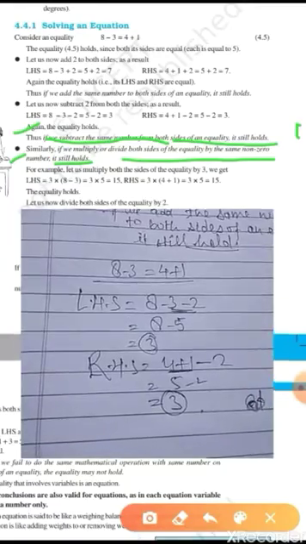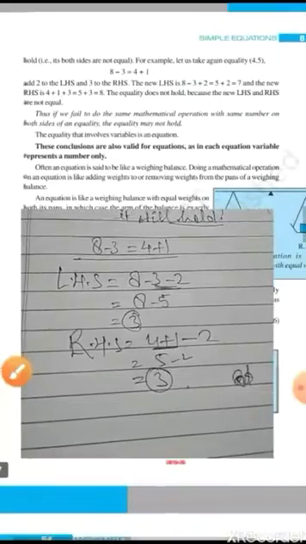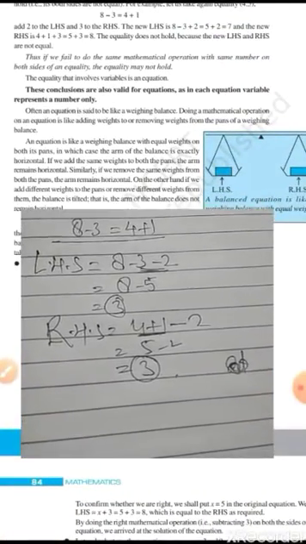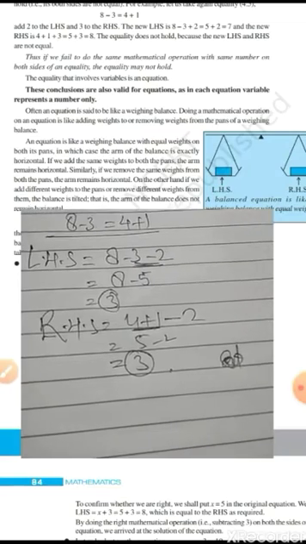Okay, now these conclusions are also valid for an equation, as in each equation the variable represents a number only.